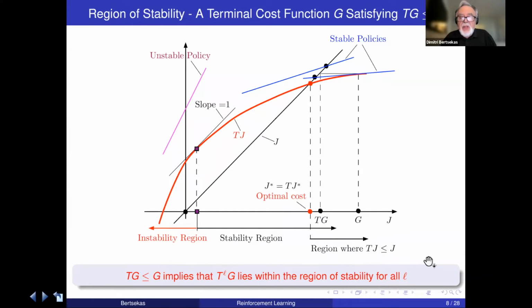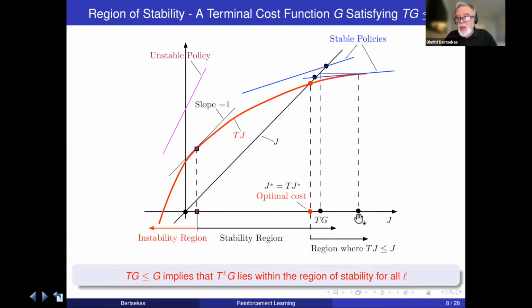Now let's look at the condition T G less or equal to G. What are these G's? They are the ones that lie to the right of J star, because that's the threshold point where the curve goes below the 45-degree line. So the region where T G is less than G, and more generally, T J is less than J, is this region here. It is a subset of the region of stability.